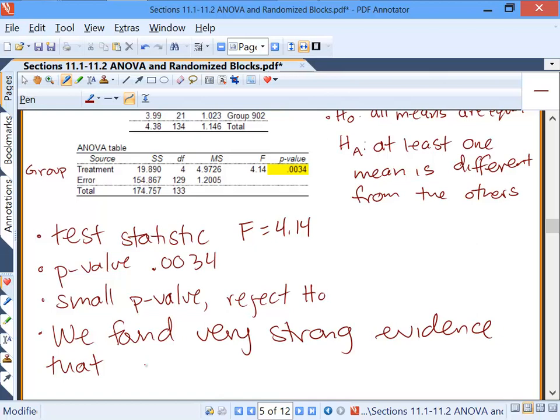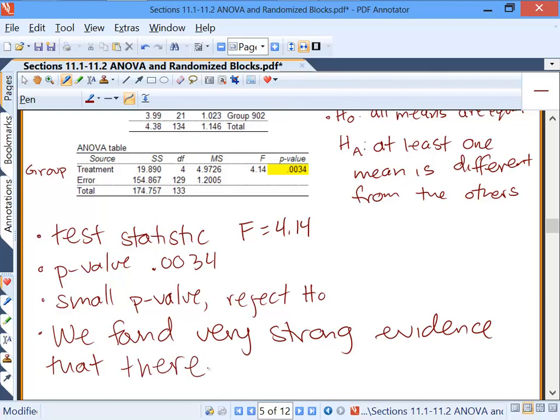At least one mean is different from the others. Okay, at least one mean is different from the others. Put it into even more context of this problem. There's a difference in the mean social attractiveness score based on how many Facebook friends a person has.